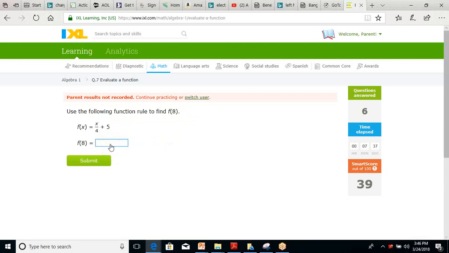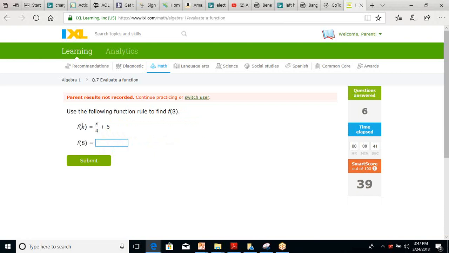Okay, so for this one, f(x), which is y, is equal to x over 4 plus 5. Again, when you see something like this, it's a graph. They could also ask you to represent this as a graph.